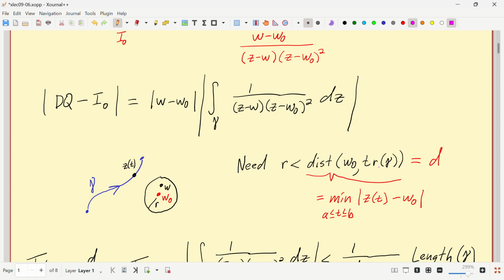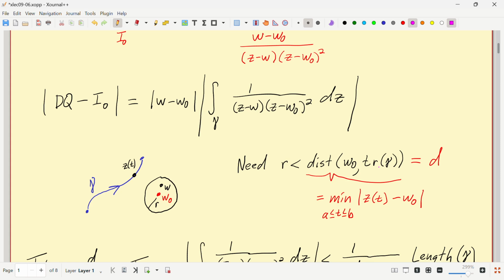And so to bound that, I just need to show that as z of t goes along that curve, the distance from that point to w naught is at least bigger than something. I need a greater than or equal to inequality for the denominator. Okay. Well, let's call the distance of w naught to the curve d, little d.